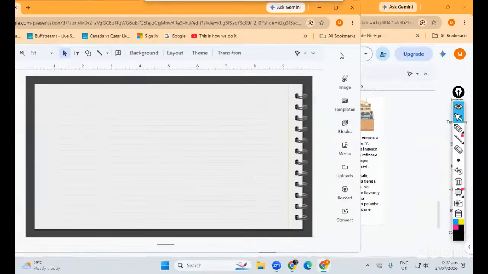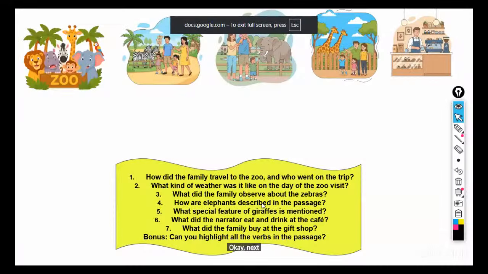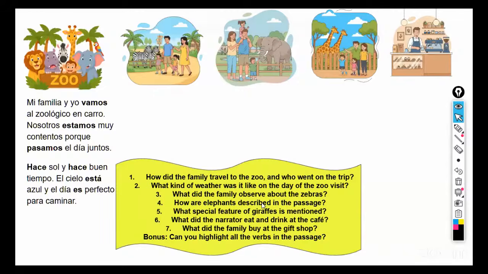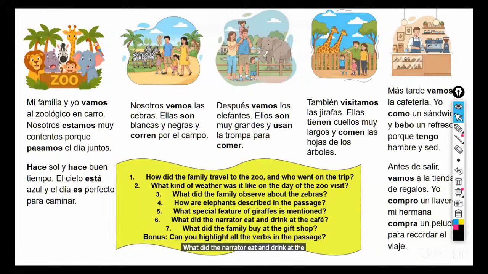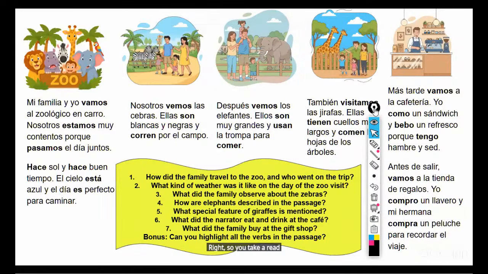Right. Okay, the next question is going to say, what did the narrator eat and drink at the cafe? Right, so you take a read of these last two paragraphs, right? What did the writer eat and drink at the cafe?